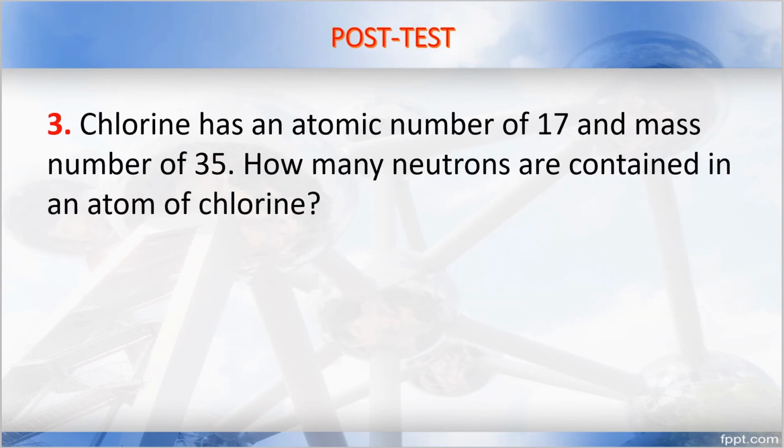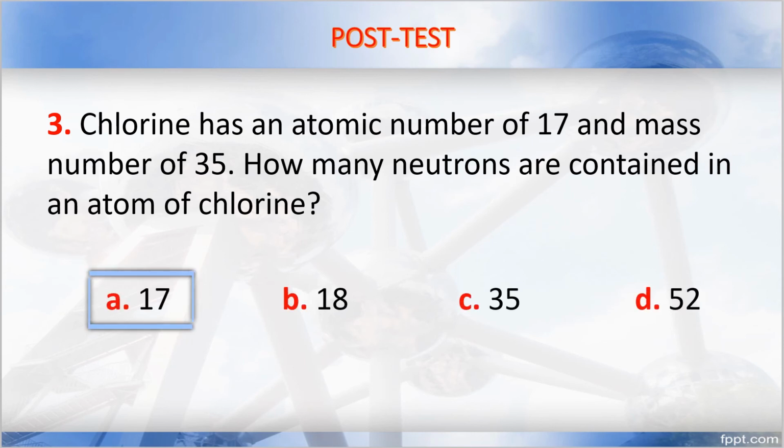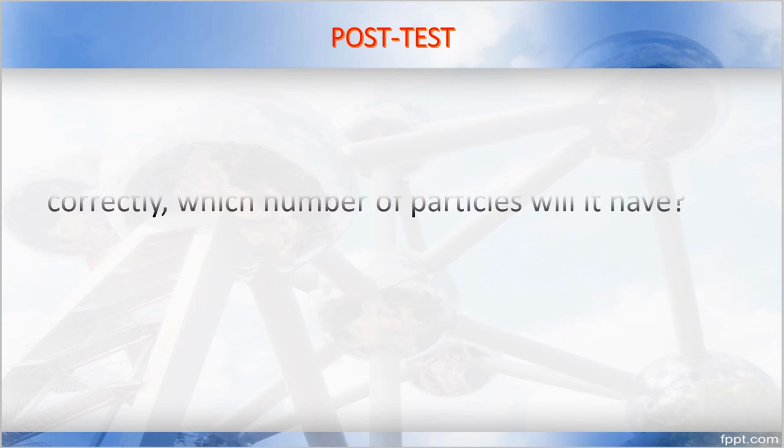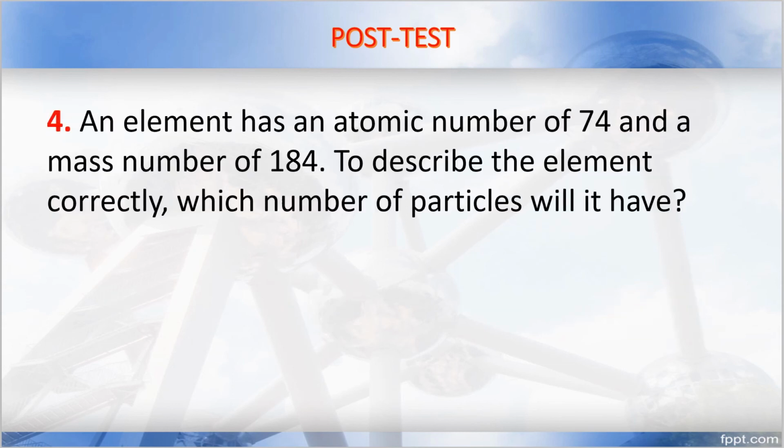Number 3. Chlorine has an atomic number of 17 and mass number of 35. How many neutrons are contained in an atom of chlorine? A. 17, B. 18, C. 35, D. 52. Number 4.